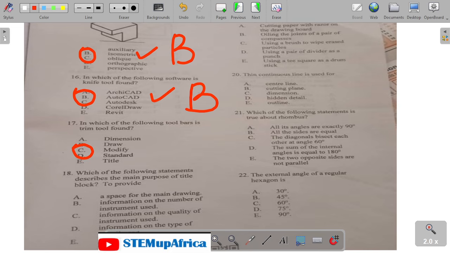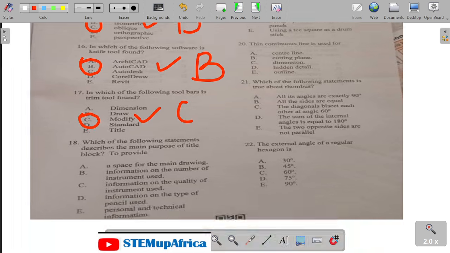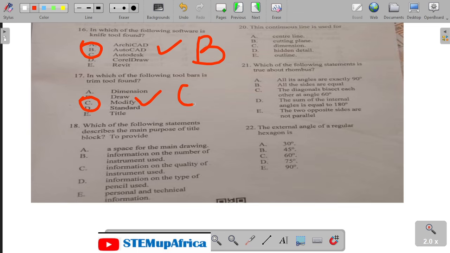To trim, you are trying to modify the drawing to achieve the actual shape. 18. Which statement describes the main purpose of a title block? It displays the main drawing name, information on the number of instruments used, information on the quality of instruments used, information type, and personal and technical information, which is E.